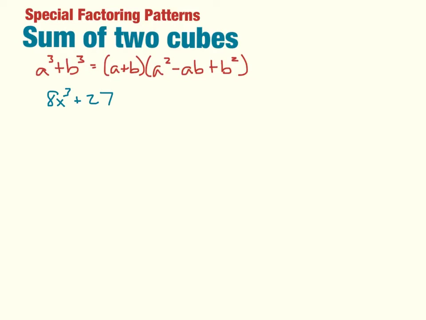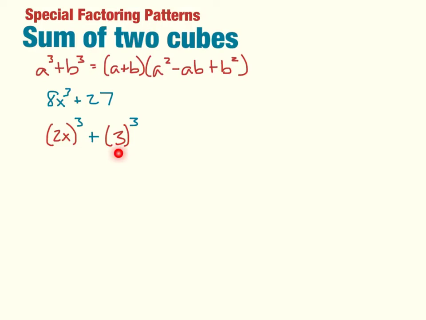Because 8x cubed is the same thing as 2x cubed, and 27 is the same thing as 3 cubed. So we went back to our table and we saw 8 and 27 are both perfect cubes. The cube root of 8 is 2, the cube root of x cubed is x, and the cube root of 27 is 3.